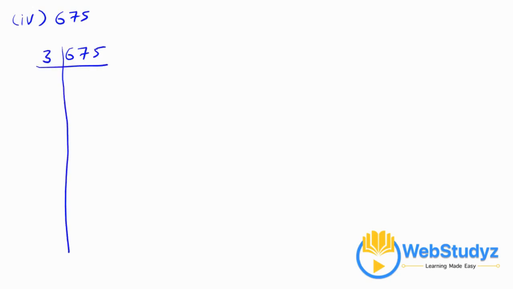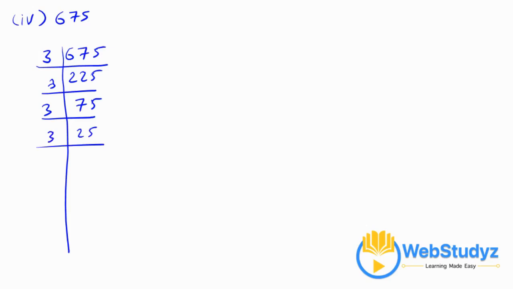Move on to the fourth, which is 675. So taking the LCM of 675, we can divide it by 3, we get 225. Again dividing by 3, we get 75. Again dividing by 3, we get 25.